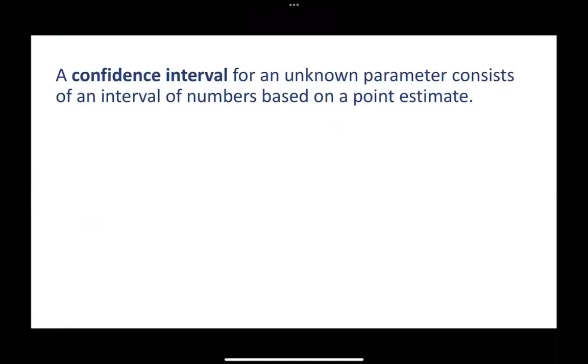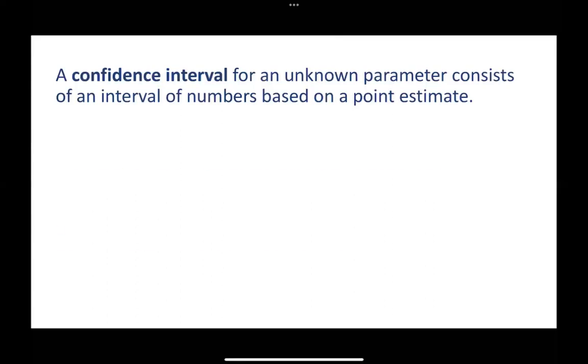All right. So confidence interval. This is something that you have seen before, and you kind of know what it is. You just don't know that you know what it is. It is an interval of numbers that we get based on a point estimate. It is a way that we estimate a parameter.